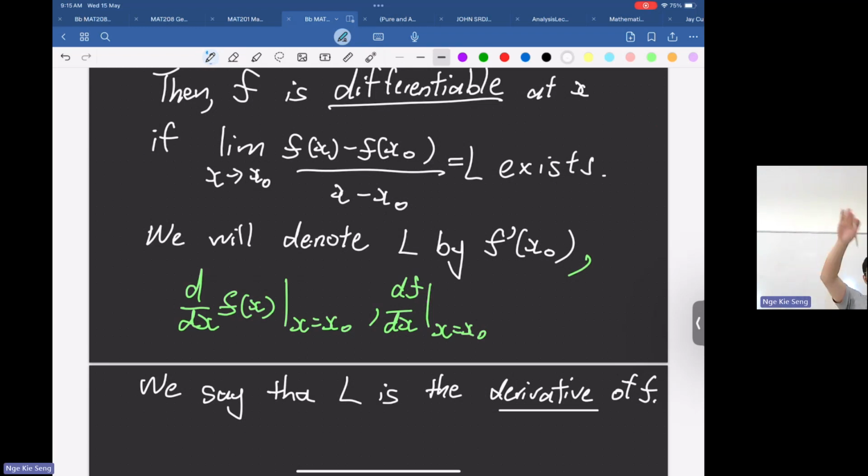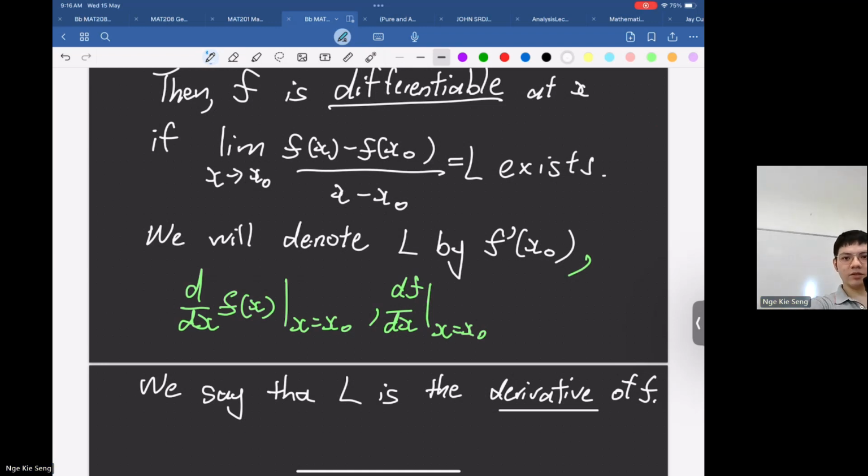And then what's that line? What's the secant line that we found there? What do we call it? Tangent line. Gradient is just the m. The line, we call it a tangent line. Good.